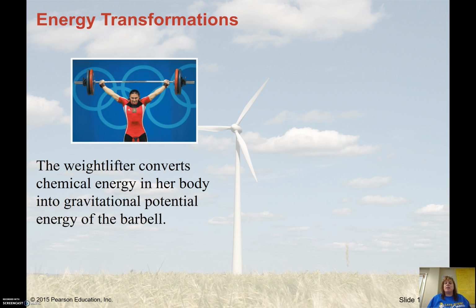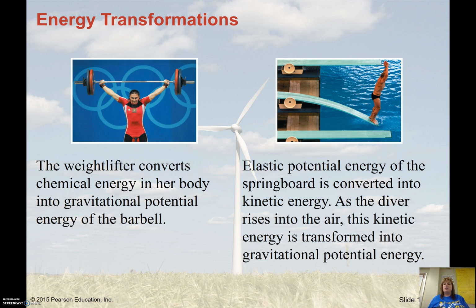If you're doing weights and you lift a barbell, you're converting chemical energy in your body into gravitational potential energy of the barbell. Or if you're a diver, the elastic potential energy of a springboard gets converted into kinetic energy as you go up, which then gets converted into gravitational potential energy until you reach maximum height, right? And then you get kinetic energy as you come back down.